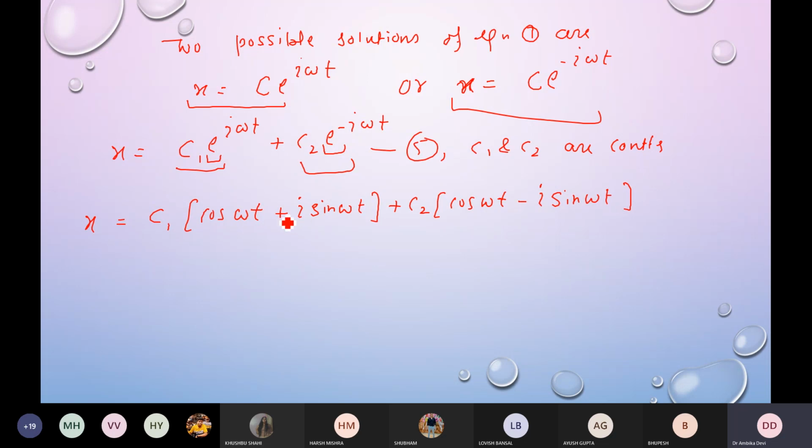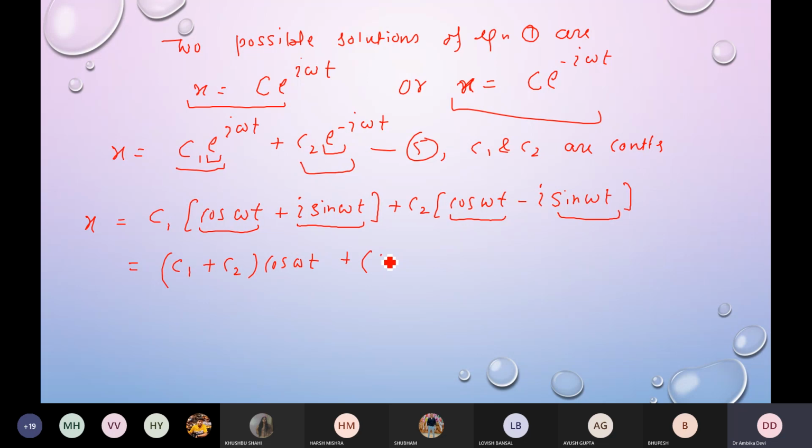Okay, so now this could further be rearranged as c1, see cos omega t is also here, cos omega t is also here. So we can say that c1 plus c2 times cos omega t plus, similarly, here we have sin omega t, here we have sin omega t.